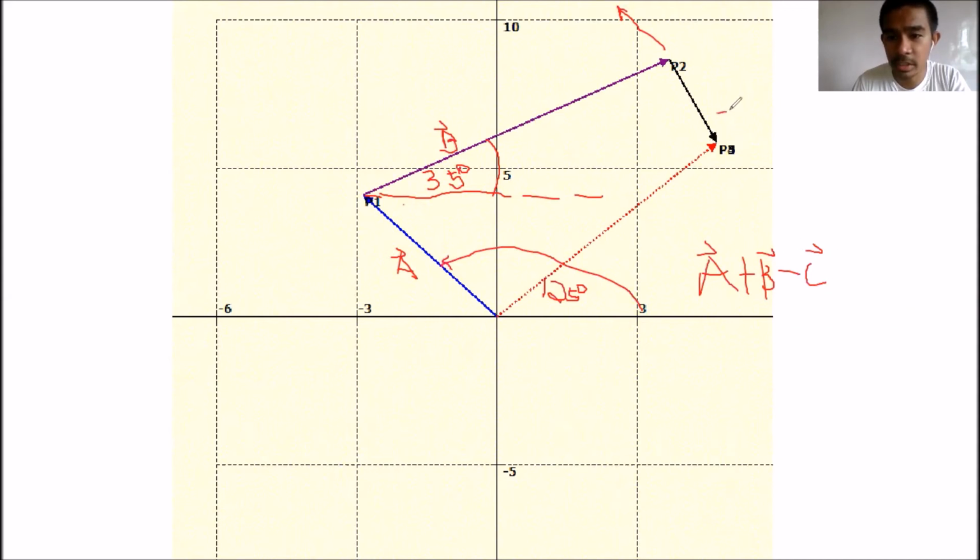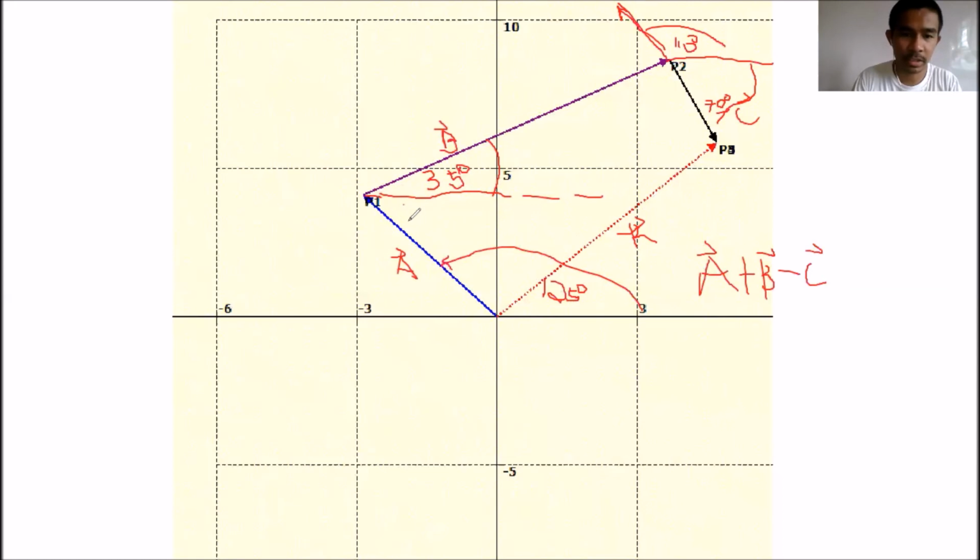So this is negative vector C. Since that's 110 degrees in counterclockwise direction, then it will be 70 degrees in counterclockwise direction. So this red broken line represents vector R as the resultant vector of vector A plus vector B minus vector C.